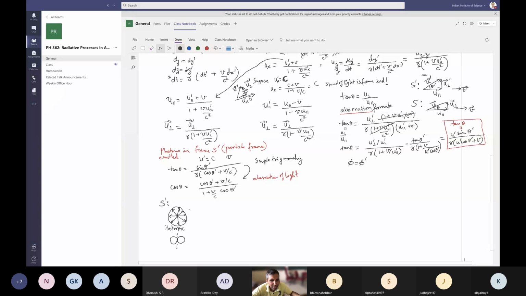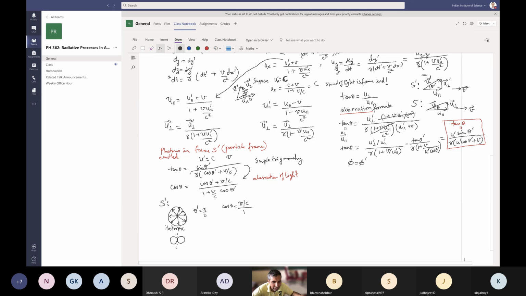Now let's look at the photons which are emitted at theta prime equals pi by 2, since we are looking at the particle rest frame. So what is theta when theta prime is pi by 2? That's given by this equation. Cos theta prime is cos pi by 2, so cos theta is equal to V by C divided by 1.